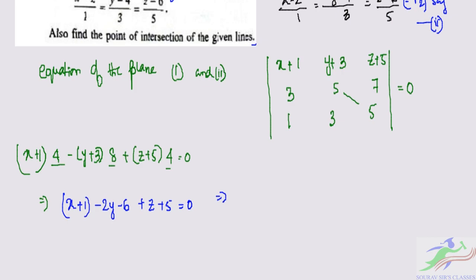So the equation is x minus 2y plus z equal to 0. This is the equation of the plane that we had to determine.